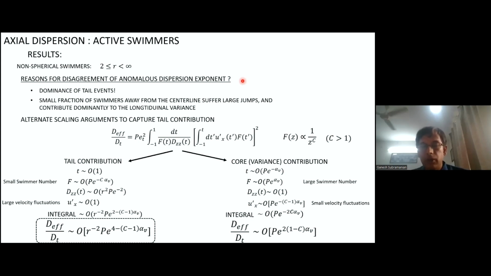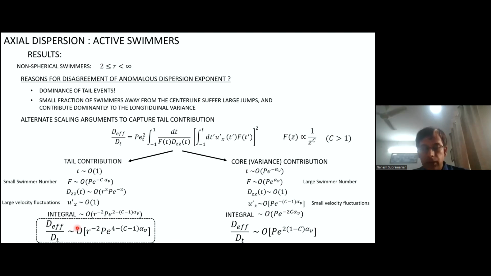One from the majority of the swimmers that are in the immediate vicinity of the center line for large Peclet, but that suffer very small jumps, and from the small fraction of the swimmers that are significantly away, but suffer large jumps. And it turns out that when R is greater than 2, you can use a scaling argument to show that that tail contribution actually dominates the core contribution.